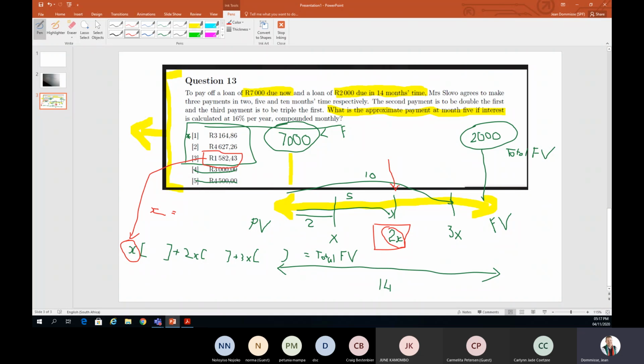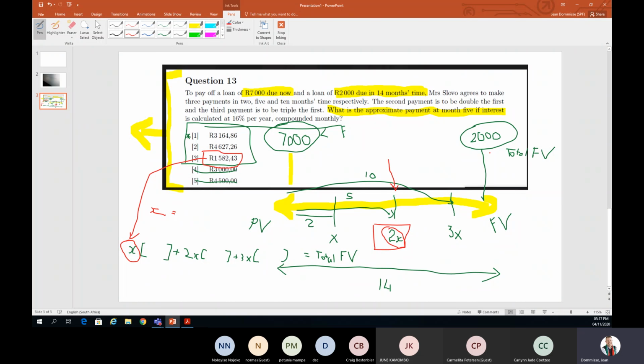That's why I would have wanted to move the 7,000 up to that 14 month to get to the end period, add the 2,000 with that, and get a future value, and then nearly split it up.